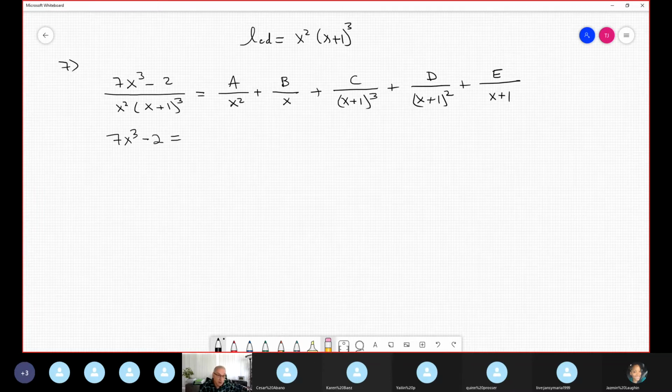For the first term, we have A times (x plus 1) cubed, because x squared and x squared cancel. Plus B times x, because one x squared cancels out with the only one, and (x plus 1) cubed stays alive.